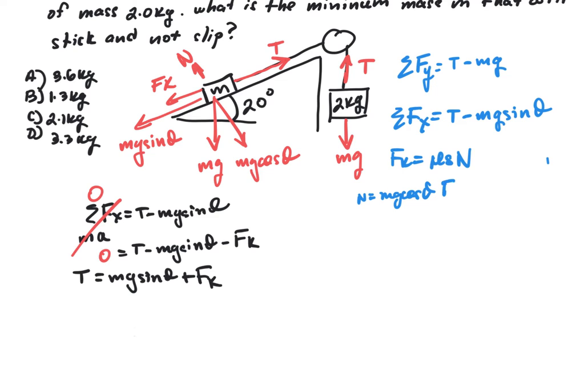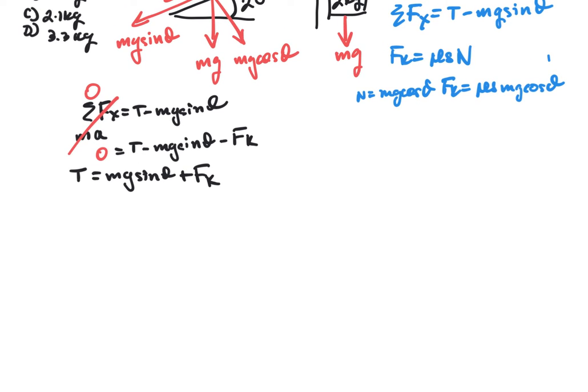So our fk is going to be mu s mg cosine of theta. So our equation is going to be this. Tension equals mg sine theta plus mu static mg cosine theta.